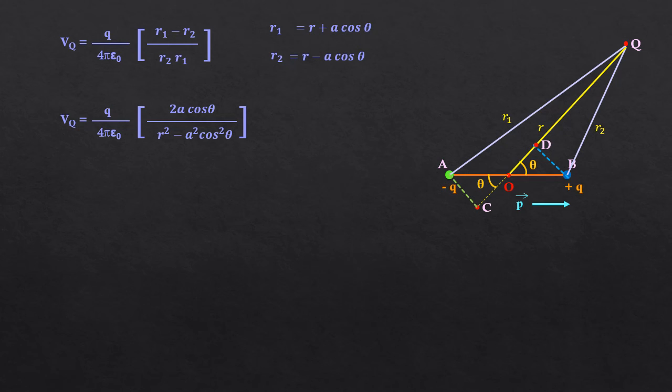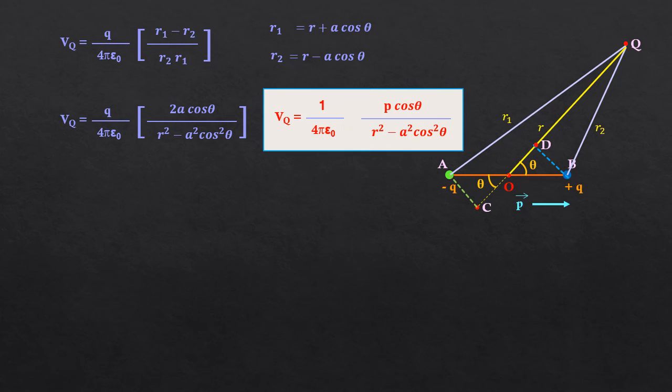Q into 2a is nothing but the dipole moment. So you can write the potential at the point Q as VQ equal to 1 by 4 pi epsilon naught, P cos theta divided by r square minus a square cos square theta. This is the general expression for the potential at any point Q which is located at a distance r from the center of the dipole and making an angle theta with the axis.